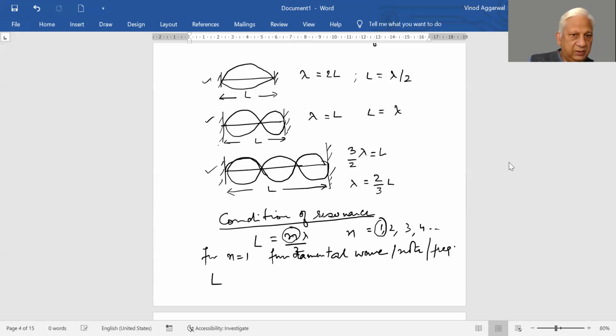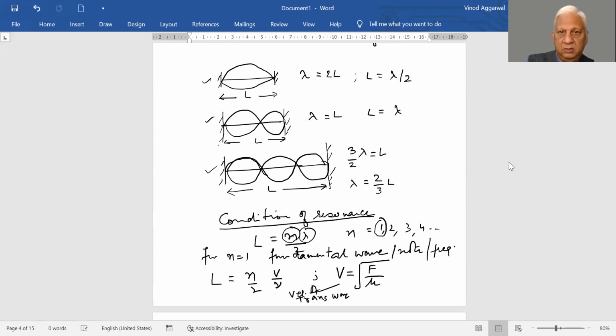L is also defined as N by 2 lambda, and lambda is nothing but V, velocity, by frequency. And in case of standing waves, we know that the velocity is given as square root of F by mu. This is the velocity of the transverse wave.